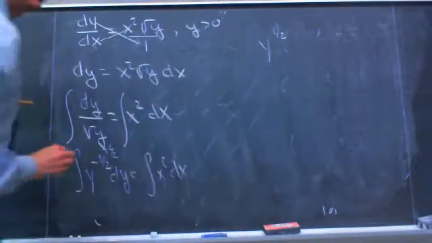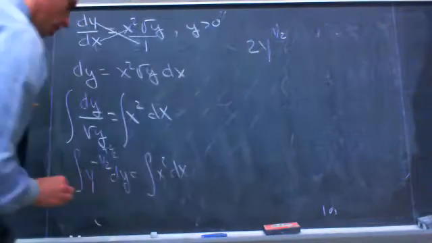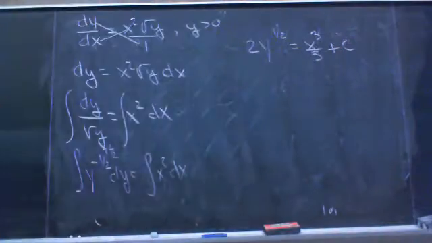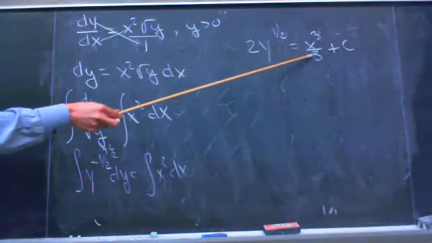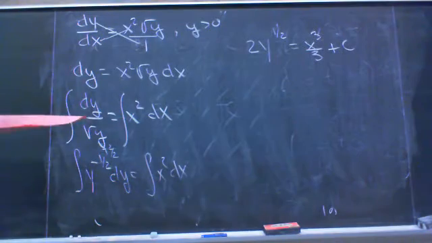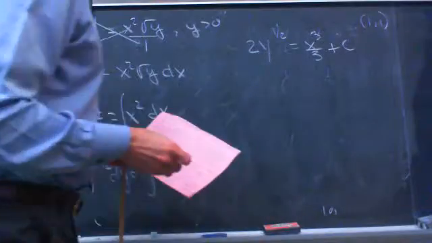To divide by 1/2 means to multiply by its reciprocal, which is 2, equals x cubed over 3 plus c. Because when I increase the power here by 1, I get 3, and I need to divide by that new power.